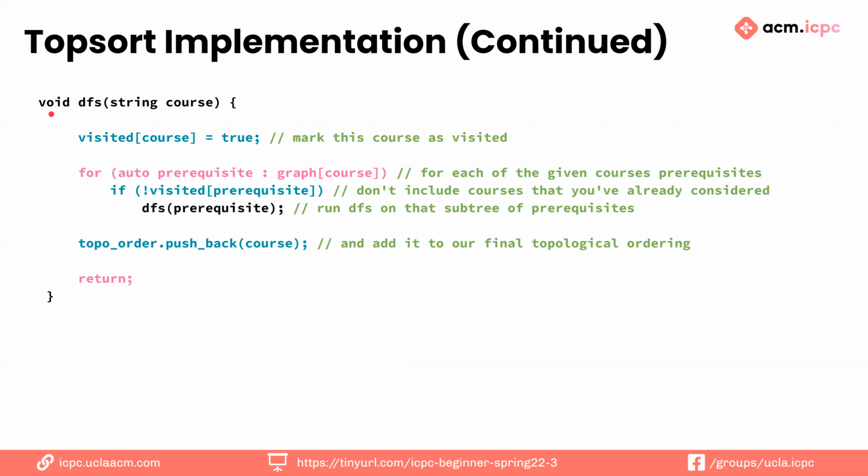As we described before, it's a DFS where you do the usual: you set whatever you're visiting to true to visit it, and then for each unvisited neighbor, you run the same DFS on it, and when you get to the end, you push the thing into the list. And that'll give you a reverse order.